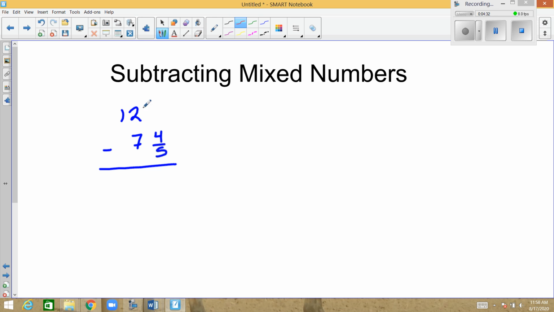But I have to borrow from this guy to make this guy. So just like when I borrow in real numbers, this guy goes down 1. The difference is when I go from whole numbers to fractions or decimals, I'm pulling parts of numbers. So this 1 that comes from here has to have a common denominator.